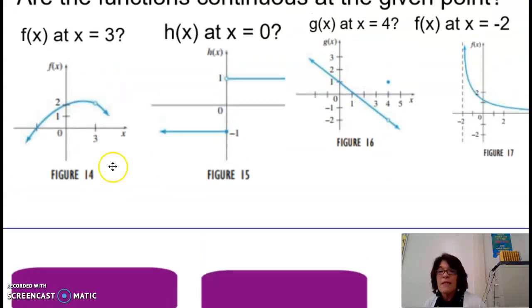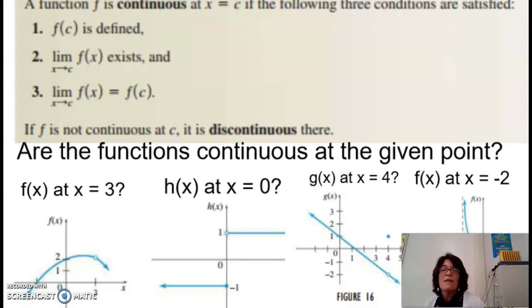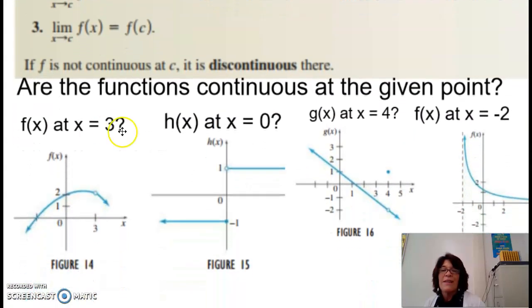Sometimes that means there's a hole. Sometimes that means there's an asymptote, if number 1 fails. I just wanted you to see the different ways that these continuity conditions don't work. This one was number 1. The limit existed, but there's no f of 3.